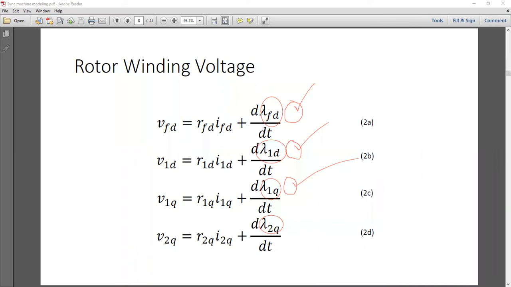So let's see how we can calculate these flux linkages first, and then we will come back to these expressions, plug the flux linkage expressions in, calculate the derivatives, and find out the voltages slowly. This is the direction in which we'll be moving in the next few lectures.